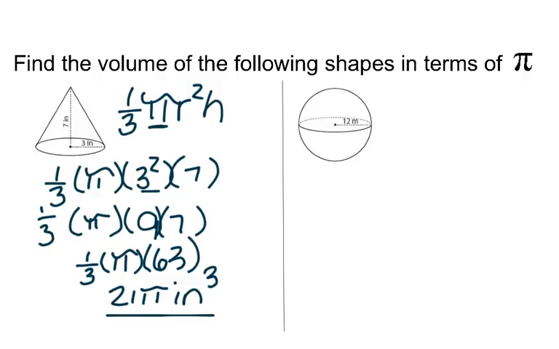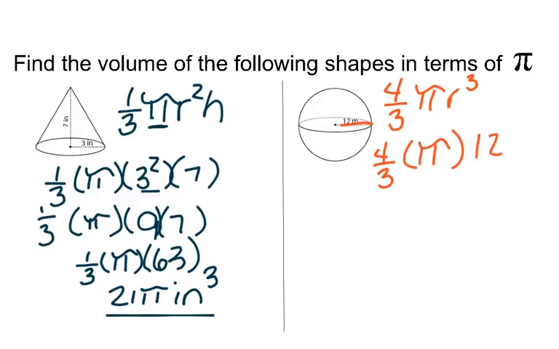So the formula for the volume of a sphere is 4/3 times pi times r cubed. Okay, so my radius is 12. So I have 4/3 times pi, remember I'm leaving pi alone, times 12 cubed. 12 cubed is 1,728.